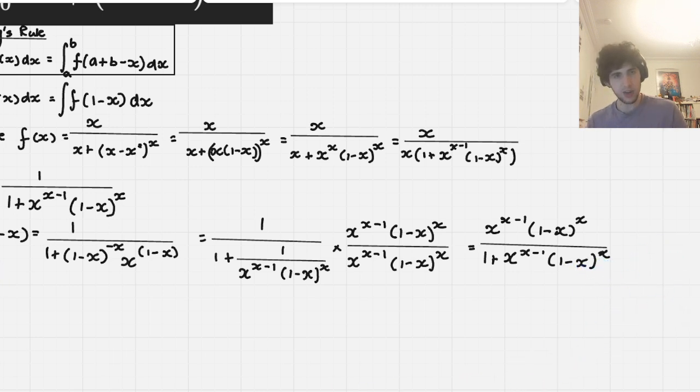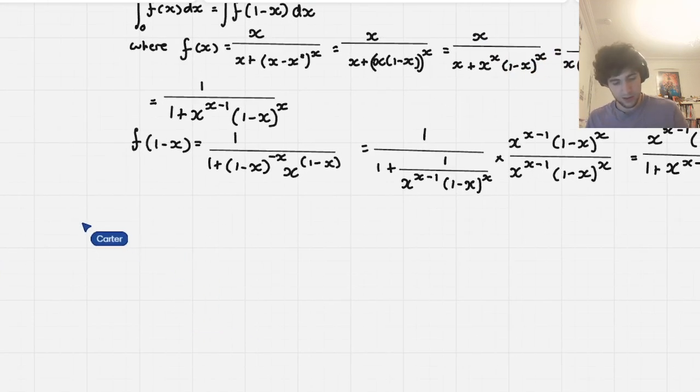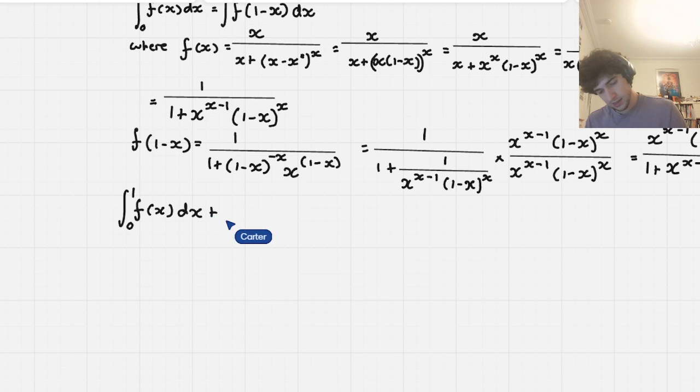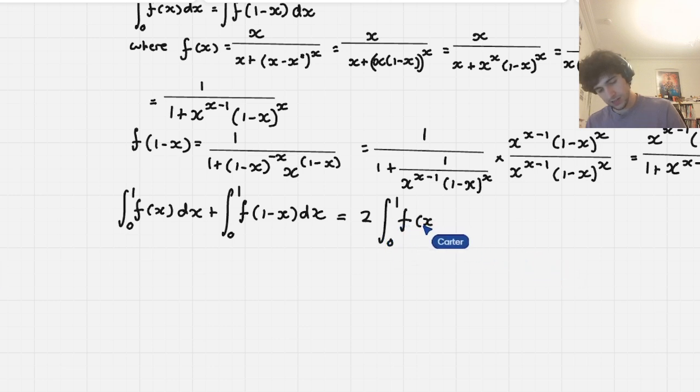So I guess what do we notice about the integral from 0 to 1 of f of x dx plus the integral from 0 to 1 of f of 1 minus x dx, right? Because these two things are the same. So this is just going to be equal to 2 times the integral from 0 to 1 of f of x dx. And this is what we want, right?